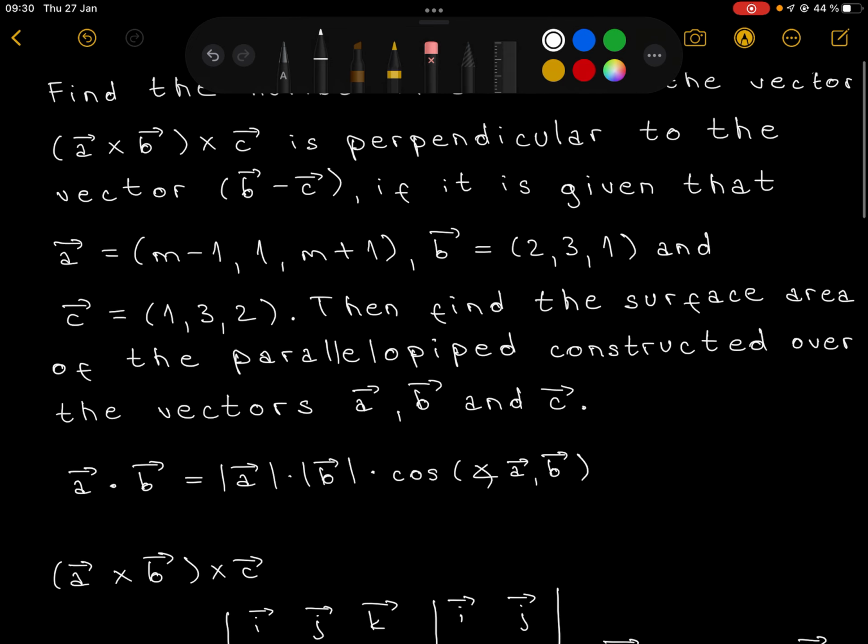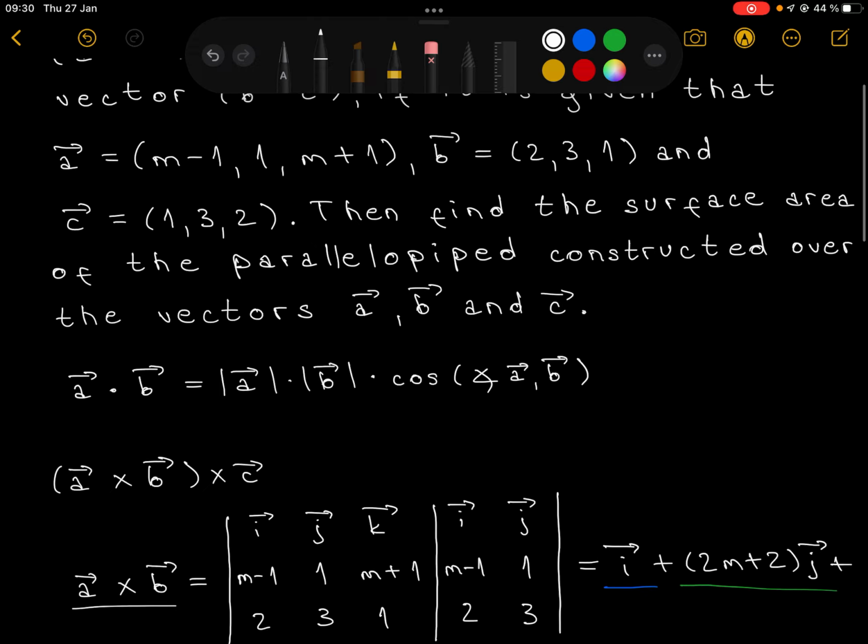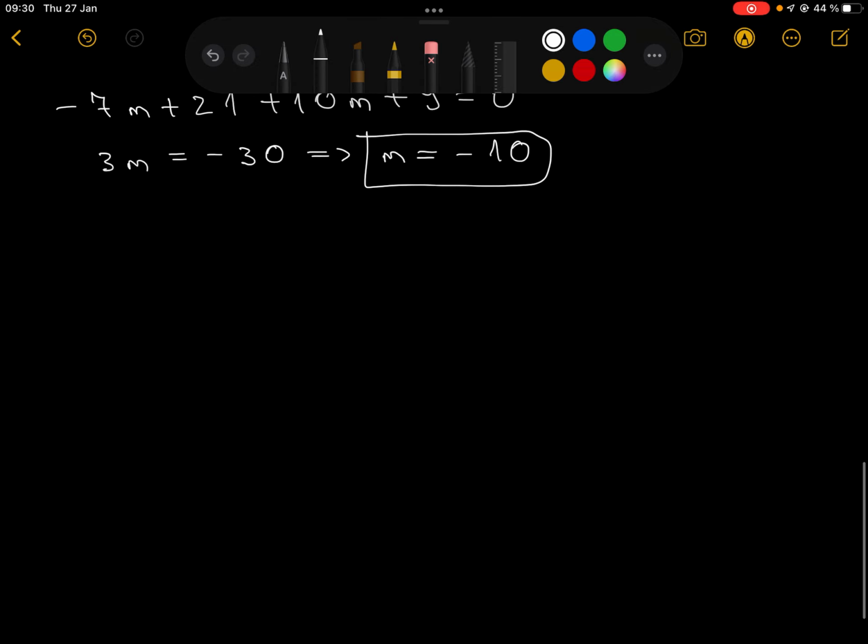So now that we know the value of m, we can rewrite all of our original vectors.